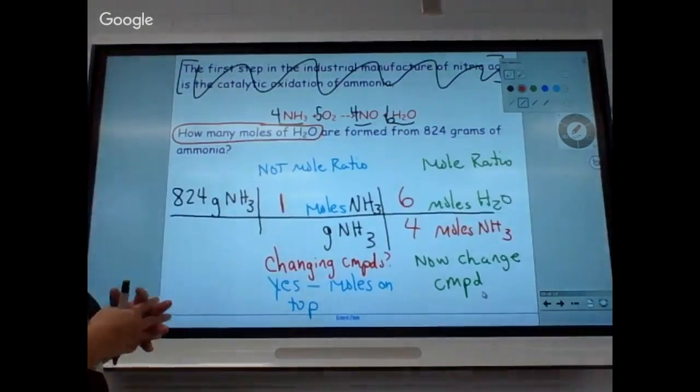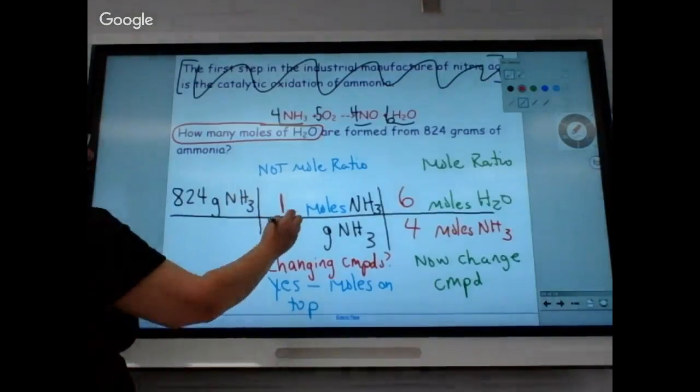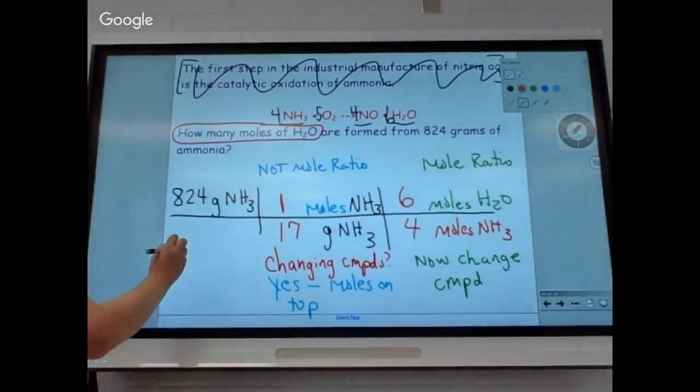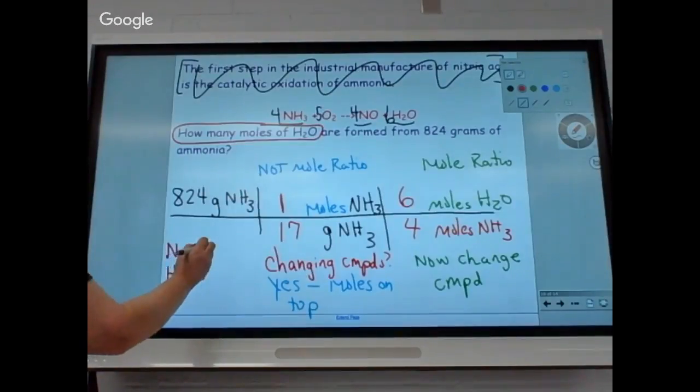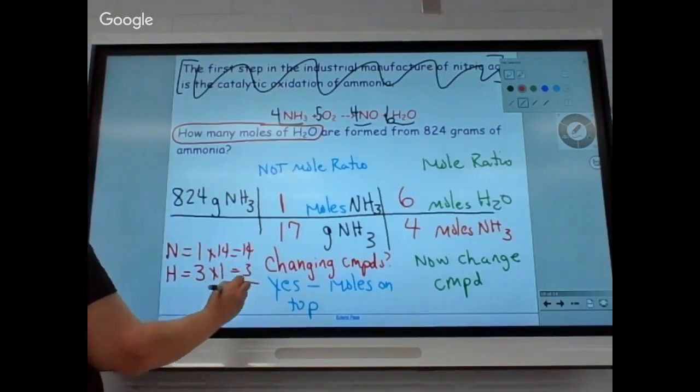Now, what goes beside grams of NH3? That's 17. For those of you who don't know that, there's 1 N, there's 3 H's, times 14, times 1, 14, 3, 17.